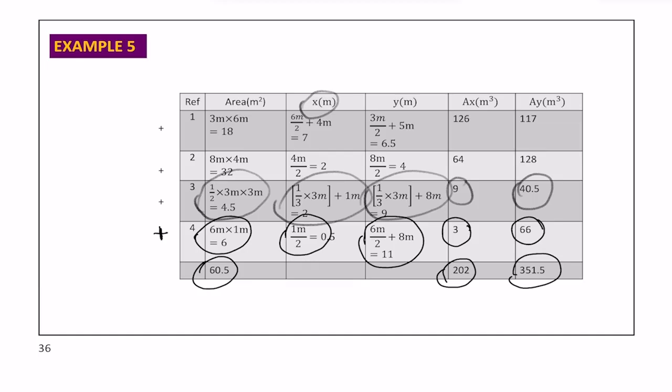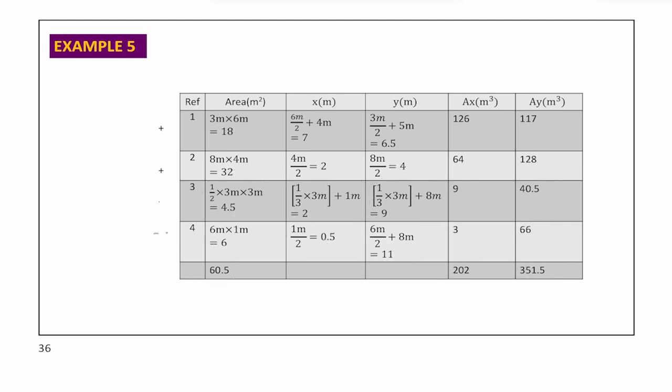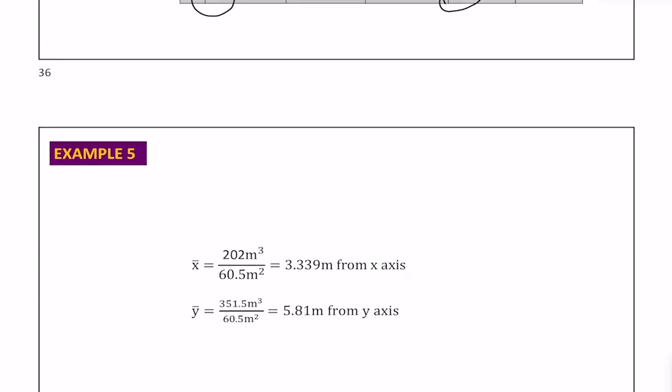Next, we can calculate the value of x bar for the whole section. Just take the total A x bar here and the total area. We have x bar equal to total A x bar divided with total area. So 202 is the total A x bar and 60.5 is the total area.